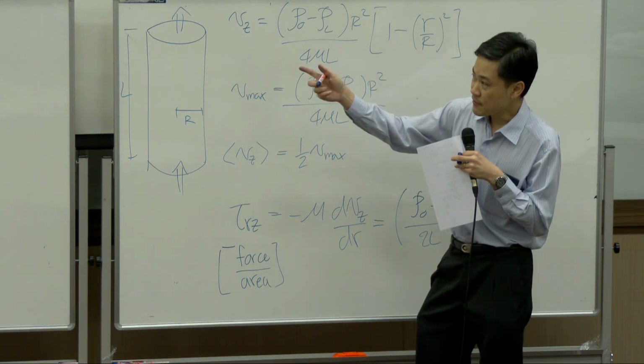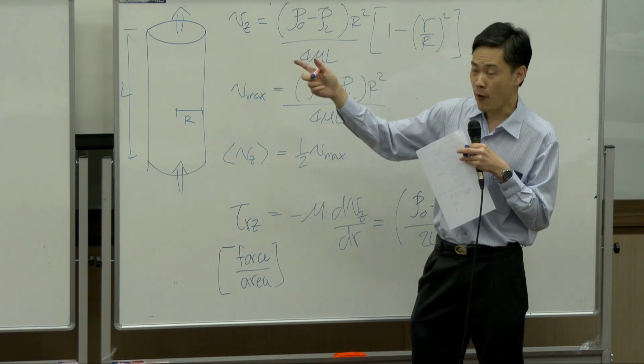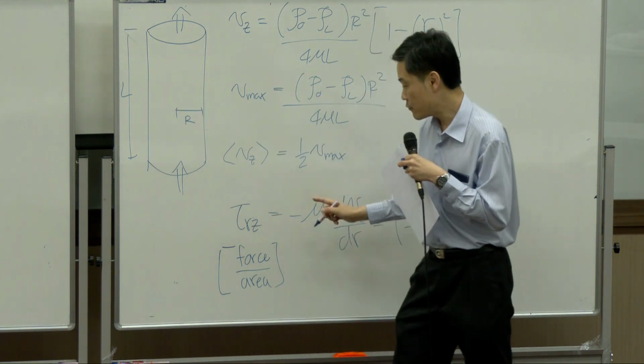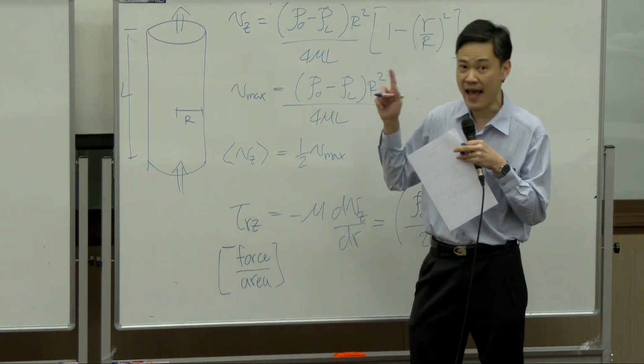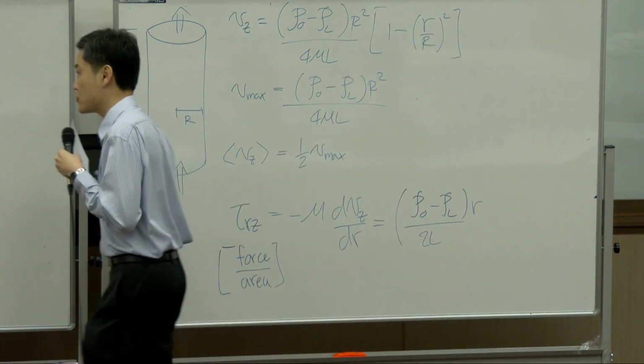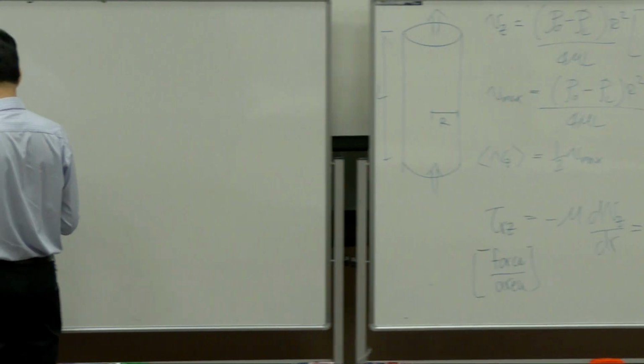In this case, we want to find the force that the fluid acts on the wall, so we have to limit tau to be at the wall, and the area is supposed to be the area of the wall.